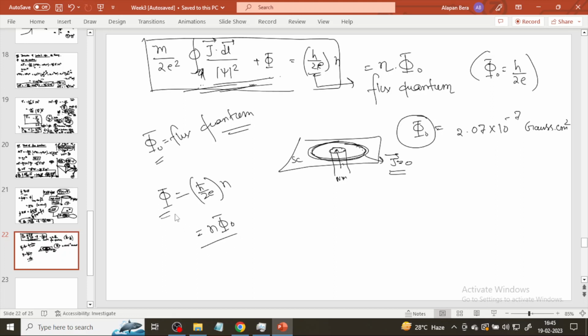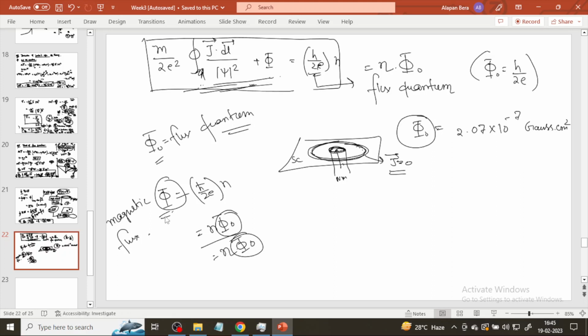So this says that this is the magnetic flux. So this says that the value of the magnetic flux that can pass through a vortice inside a superconductor is only a constant number n times this value phi naught.